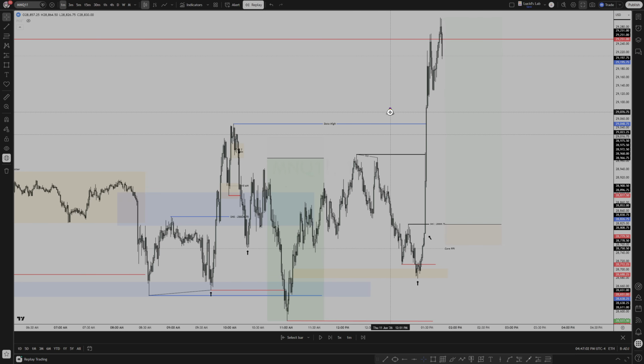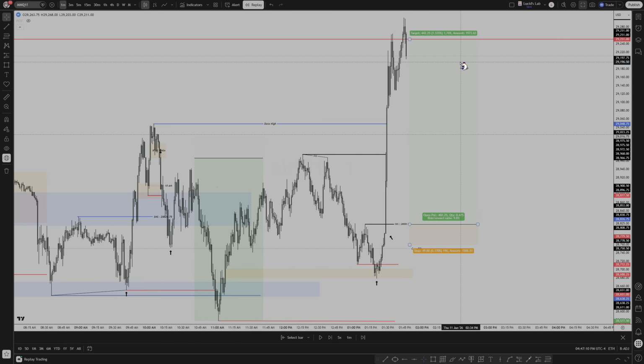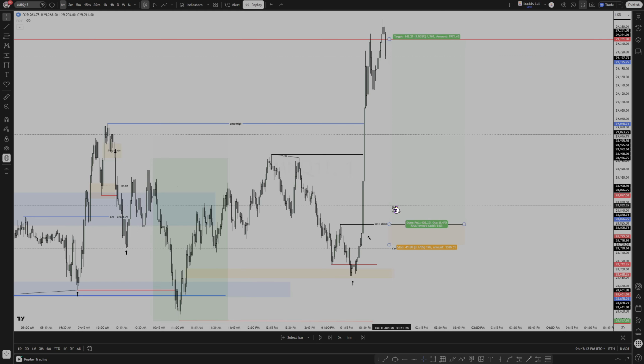So 29,251 flat would have been your full get out for about 442 points and a tick, and that's your fill. So that's a 1 to 9 risk to reward.